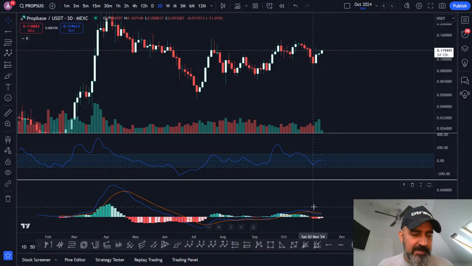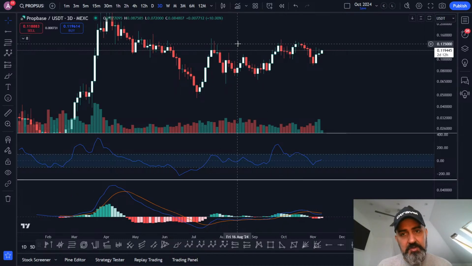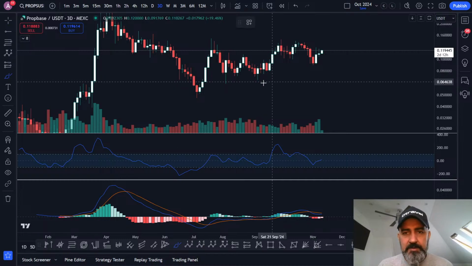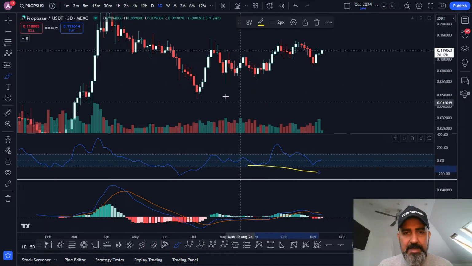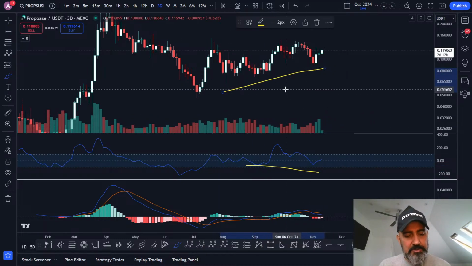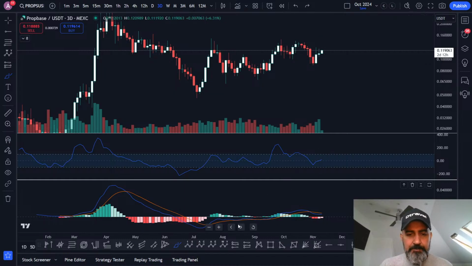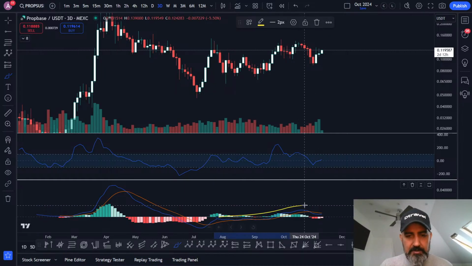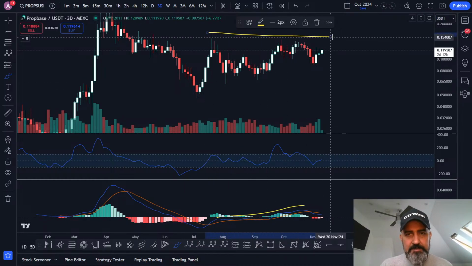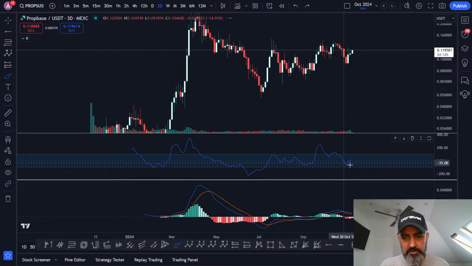And on the MACD, getting a little bit of bearish divergence. So a tale of two stories. This is bullish. Lower high here, higher high, higher low there. That's bullish divergence. But in the MACD, you're going higher highs, lower highs. That's bearish. So a tale of two stories here.